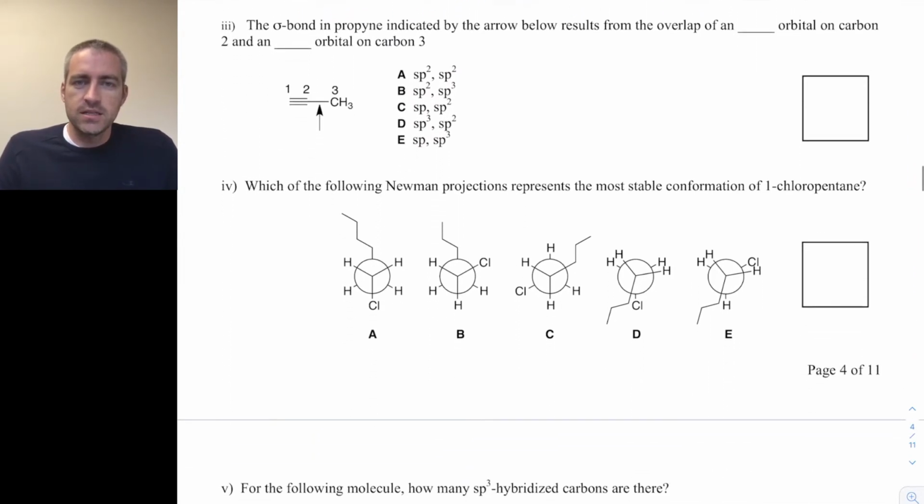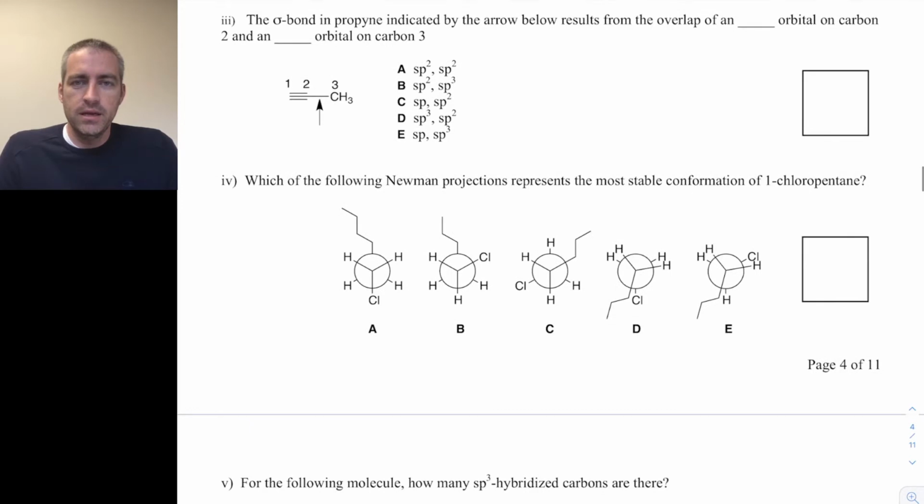Next question says, the sigma bond in propyne indicated by the arrow below results from overlap of an blank orbital on carbon 2 and an blank. So I guess it's an sp2 or an sp3 or an sp. So what we would do is look at the carbon atoms 2 and 3 and identify their hybridization.